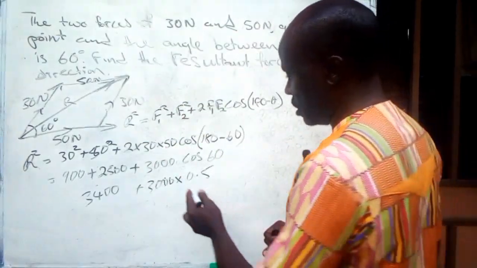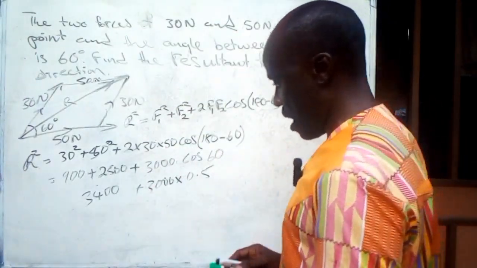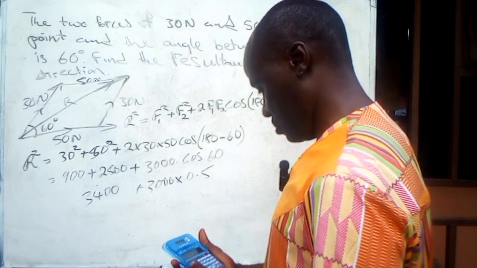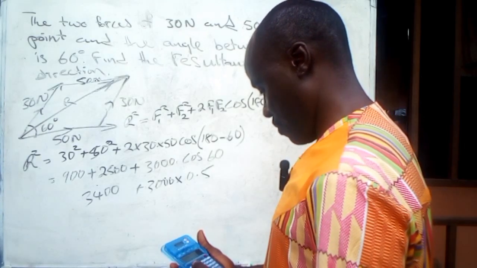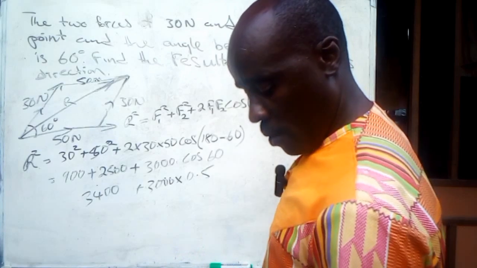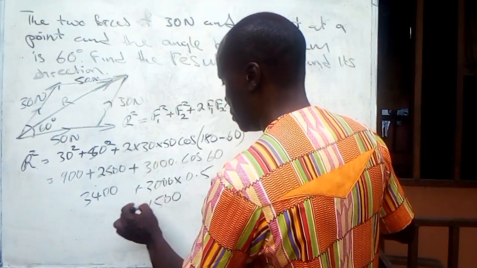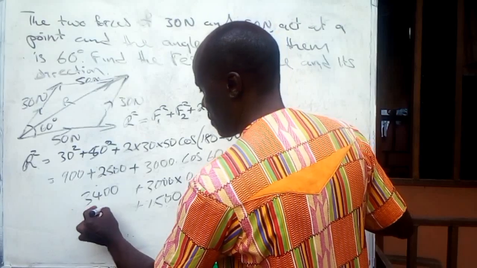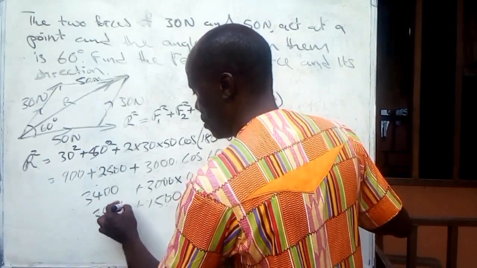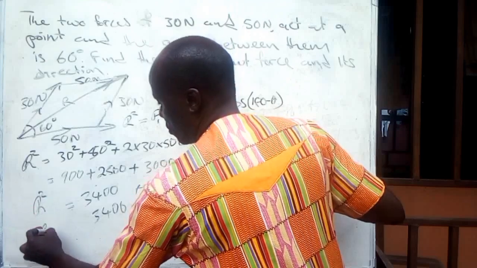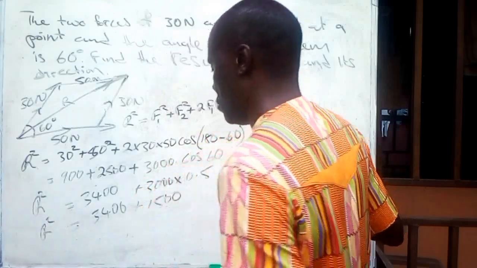So 3000 multiplied by 0.5, we have 1500, plus 3400. All these things are equal to what? R squared. Then what do we do next?